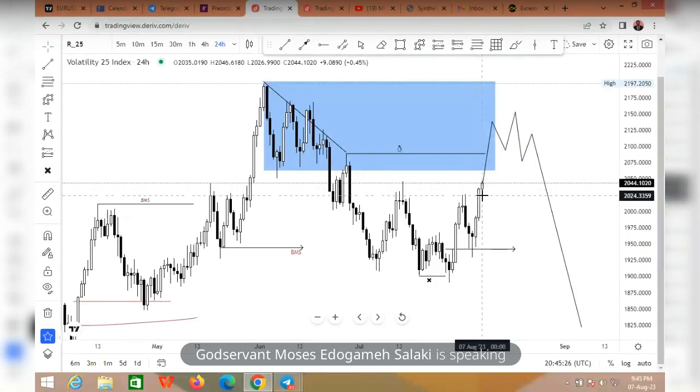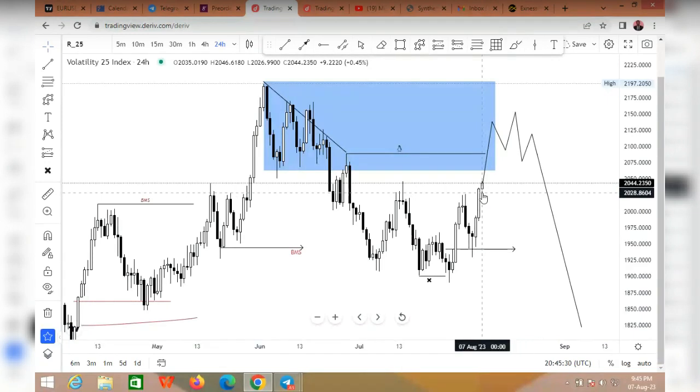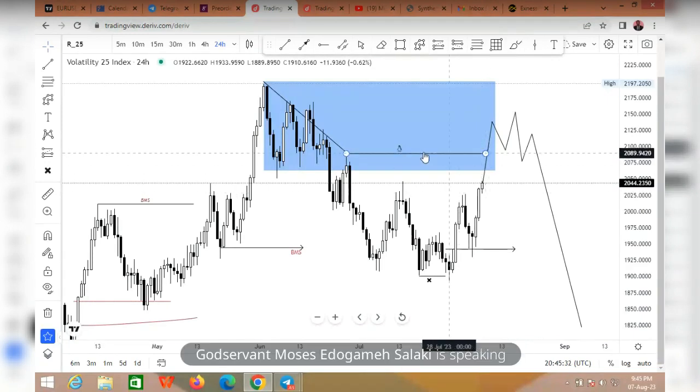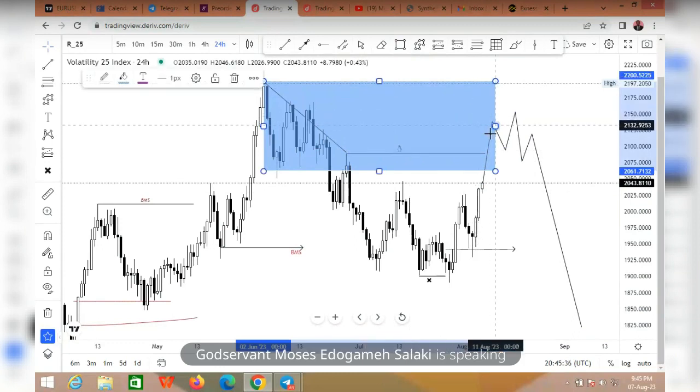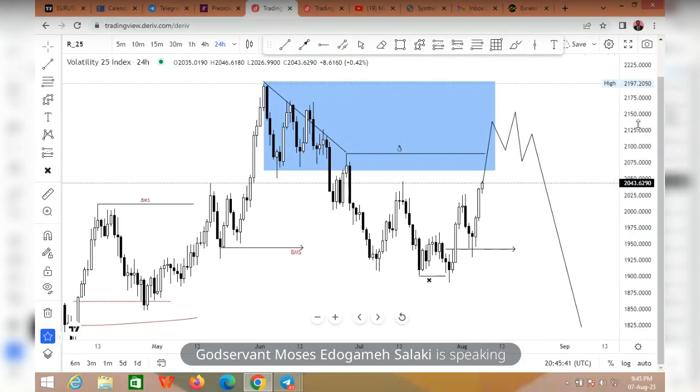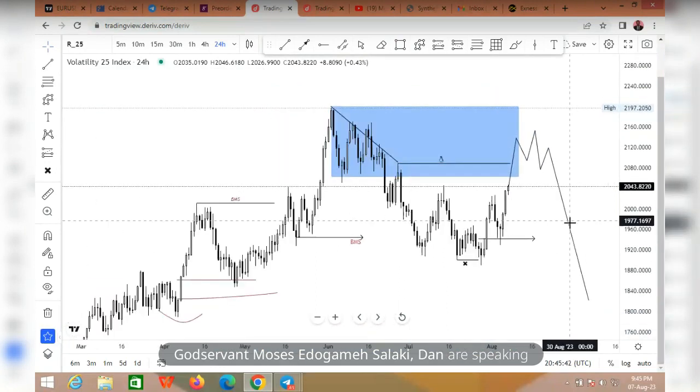You have bought from this week. Then take price to take this liquidity and maybe 50% of this zone. You can take price to 50% here, but it's gone already. So either you wait for today's candle to close.